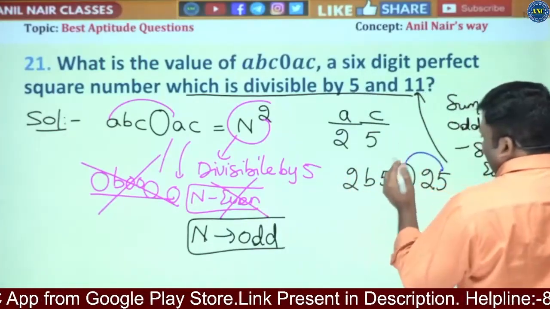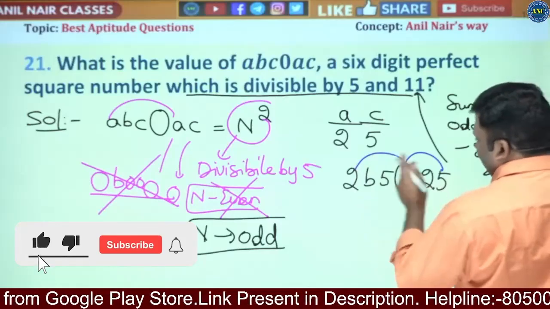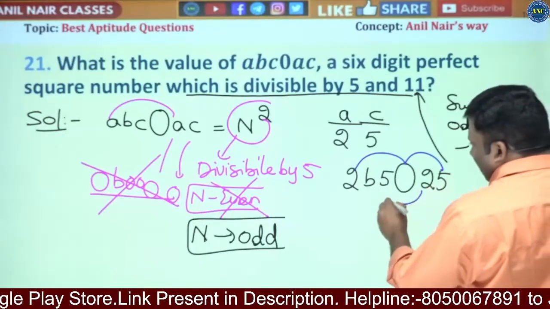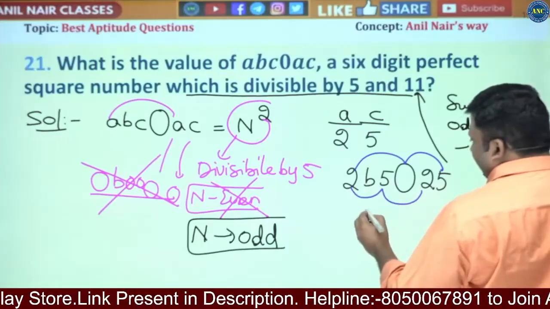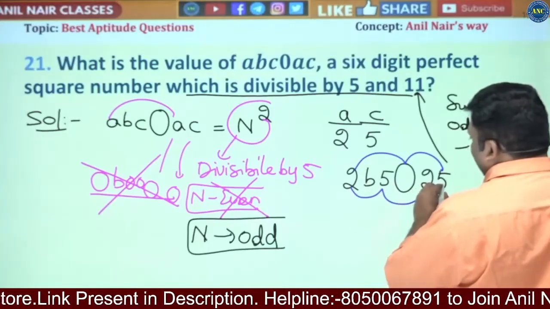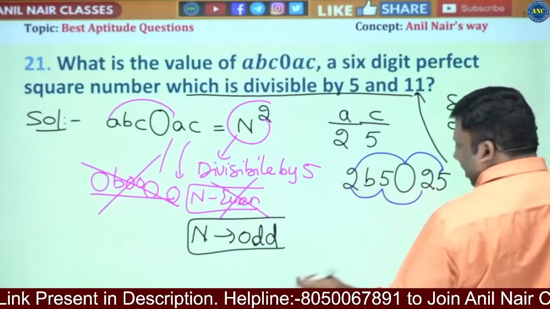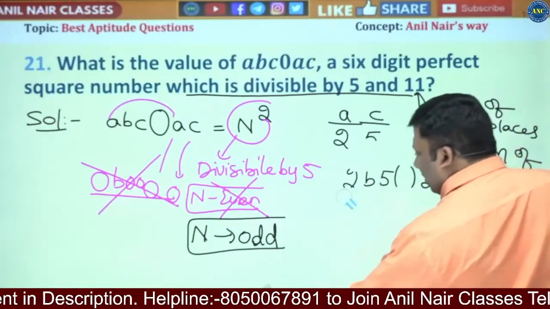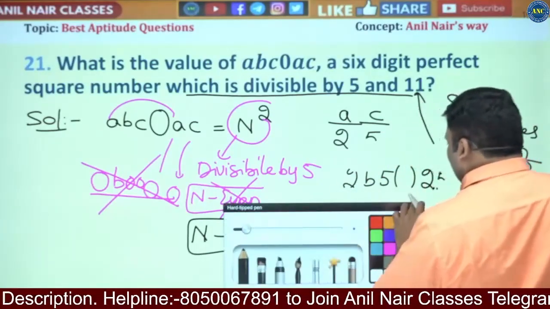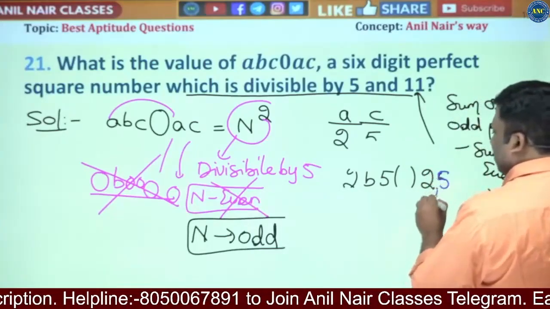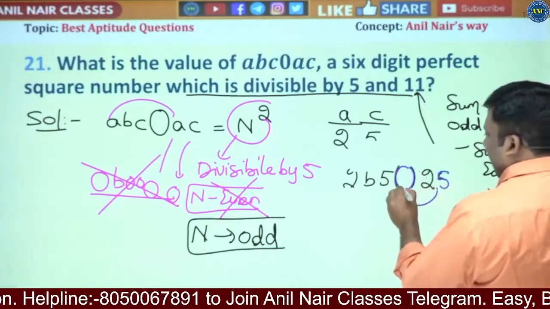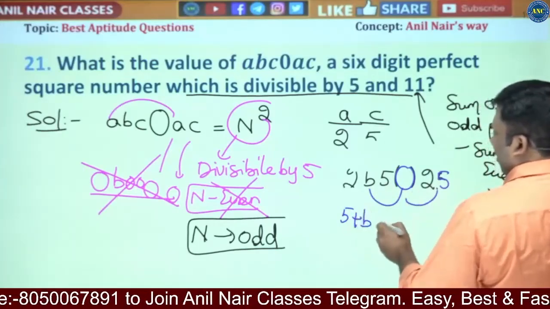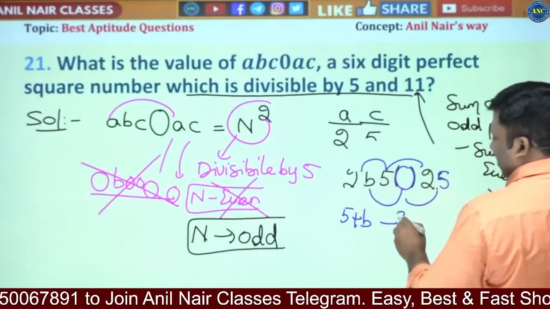So 5 plus 0, 5, 5 plus 2, 7. 7 plus 2, 9. So sum of odd places, 5 plus 0, 5, 5 plus B. Sum of even places, 9.